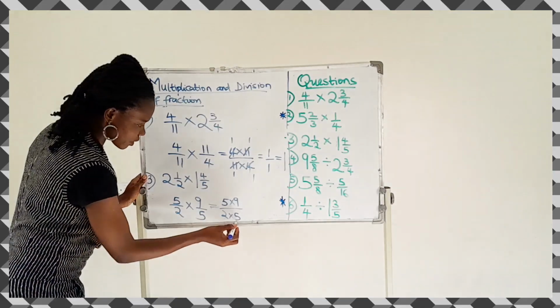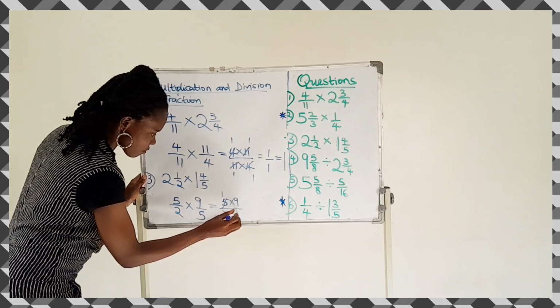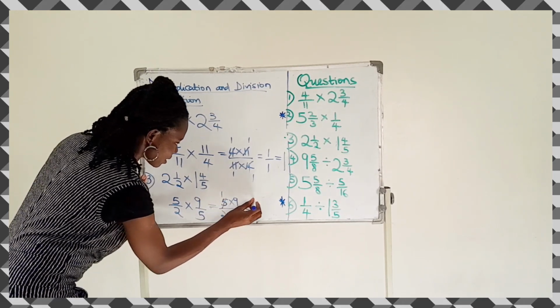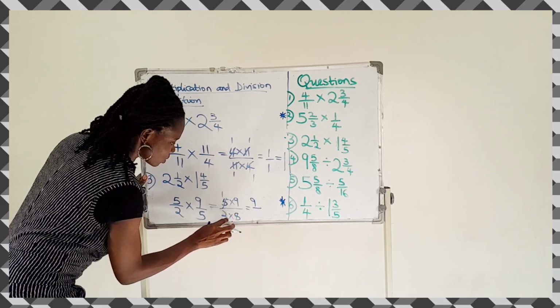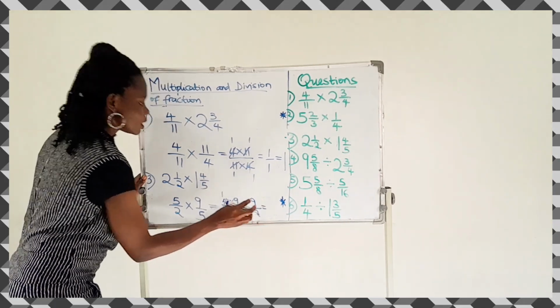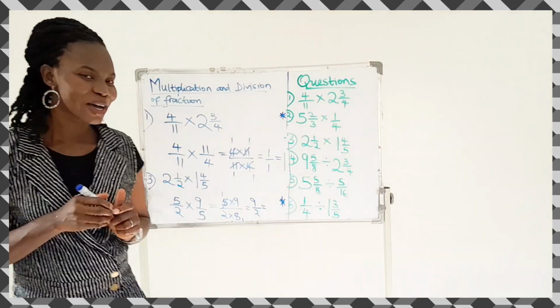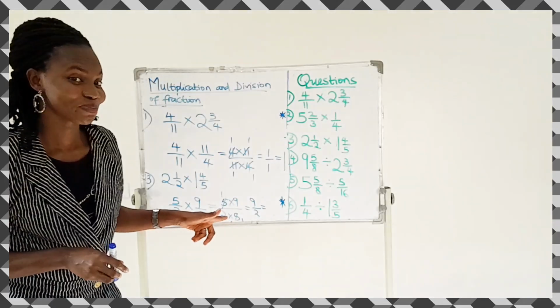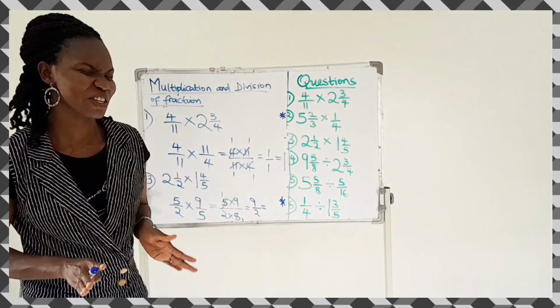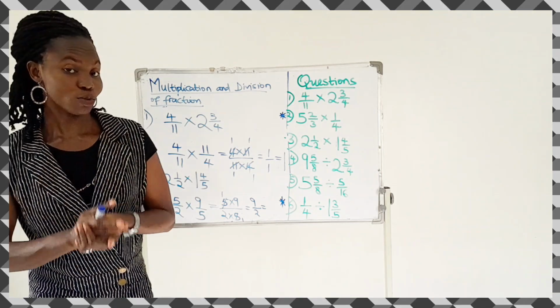So 5 can divide 5. 5 here is 1, 5 here is 1. So I have 1 times 9, 9, over 2 times 1 is 2. So what we have here is 9 over 2. But you remember, what type of fraction is 9 over 2? It's an improper fraction, so we don't leave our answers in improper fraction. Instead, we change it to a mixed fraction.